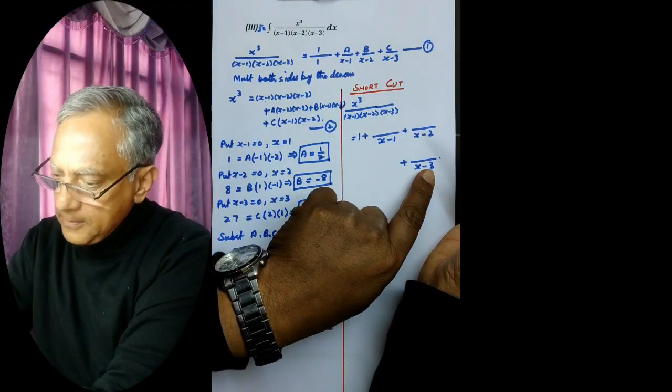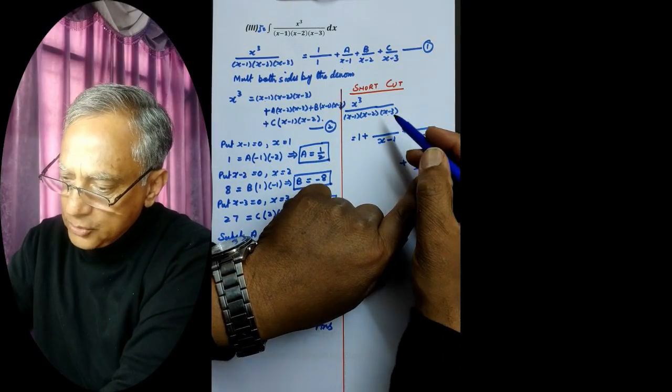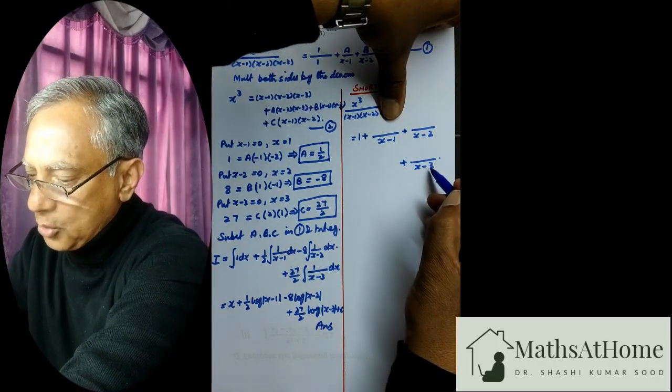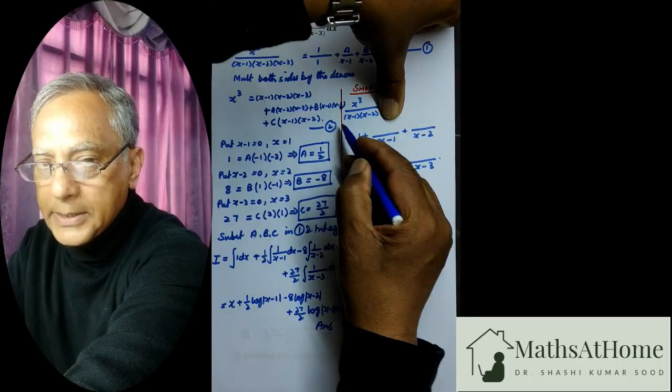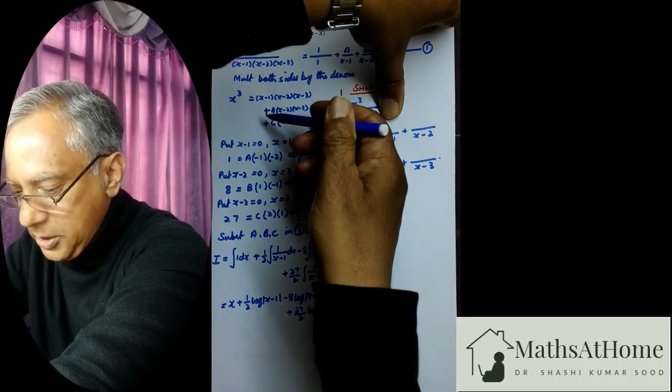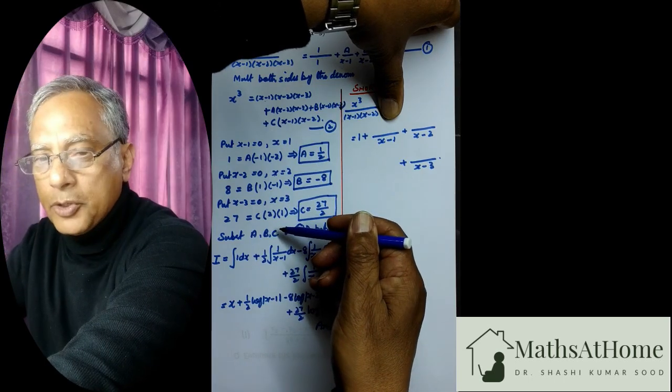For this we hide x minus 3 and put x equal to 3 in the rest. And we will directly get these constants. We need not carry out the longer procedure.